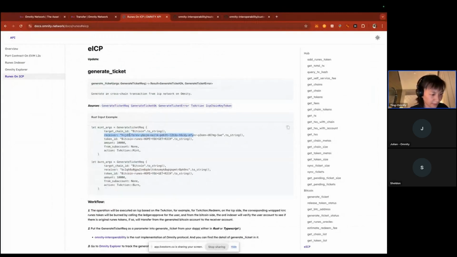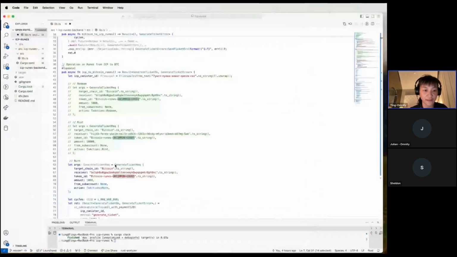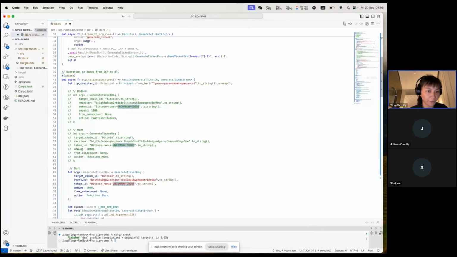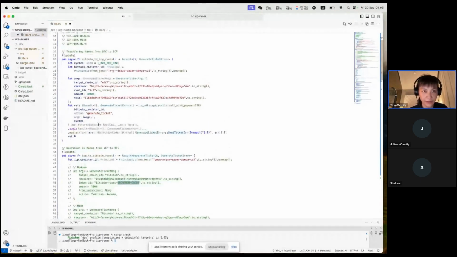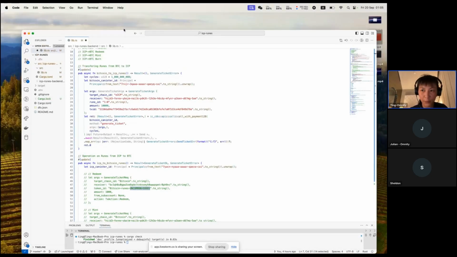The difference is instead of transferring the original token from the generated Bitcoin account to the receiver, we actually burn it on the layer 2 chain. So it will be totally gone from both sides. And yeah, again, we will take a look at the demo.